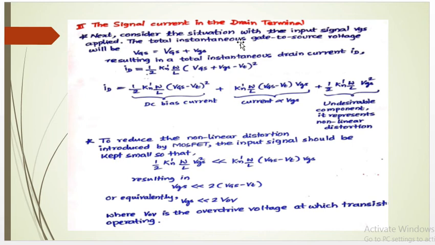So DC VGS plus AC vgs together at that instant will give you the instantaneous voltage. So lowercase v but capital GS subscript, vGS, corresponds to the instantaneous gate to source voltage.